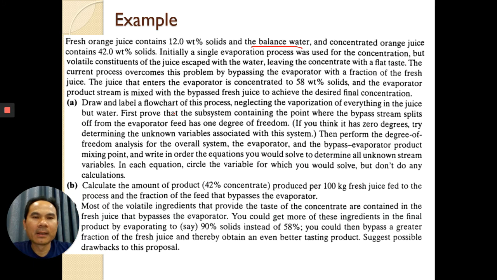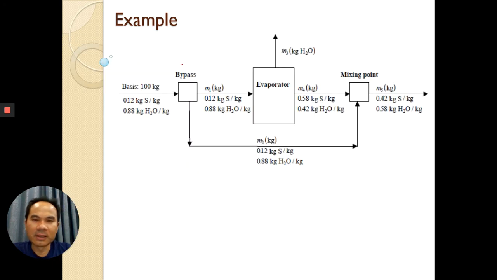And the concentrated orange juice contains 42% solids, which means 0.42 kilogram solids per kilogram total, and the balance is water, 58% water. We have two components, water and solids.